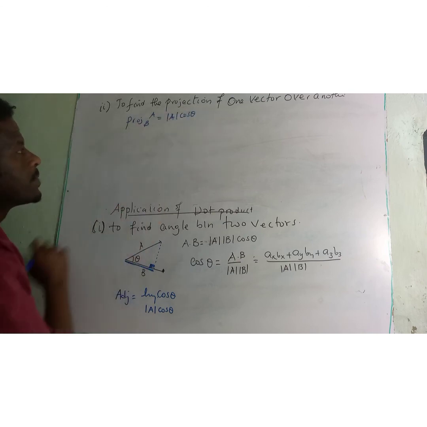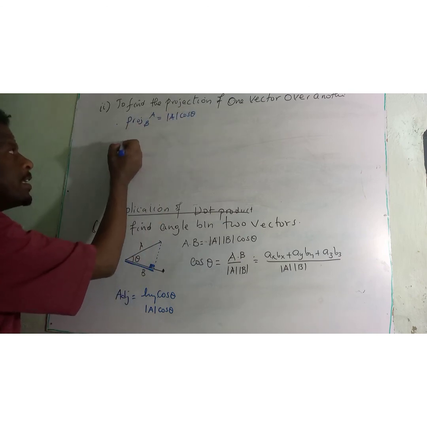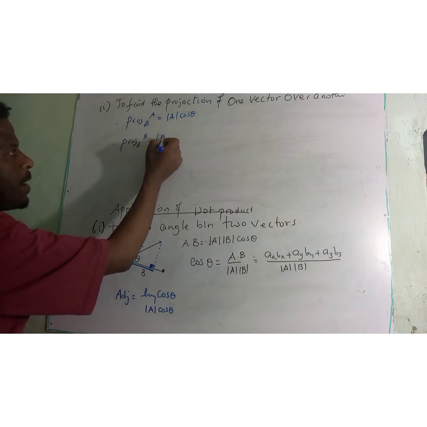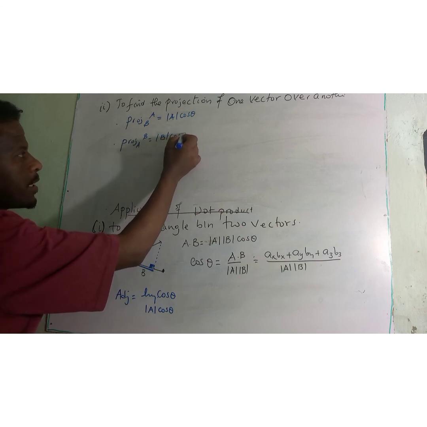Then the projection of vector A on vector B is equal to magnitude of A times cos theta. Similarly, the projection of vector B on vector A is given by magnitude of B times cos theta.